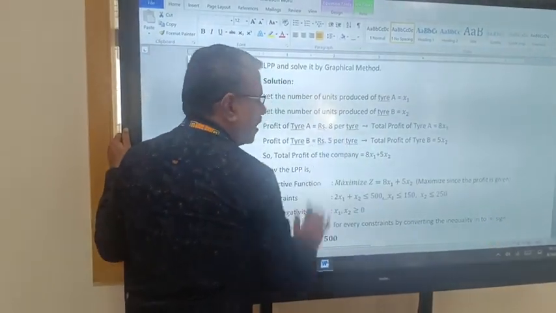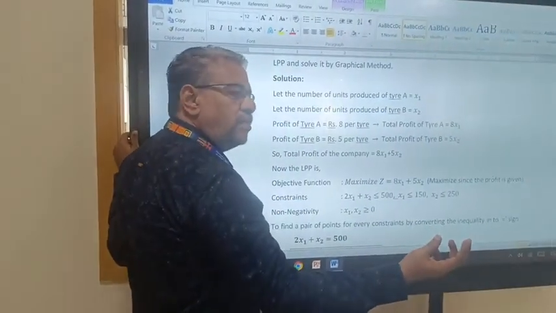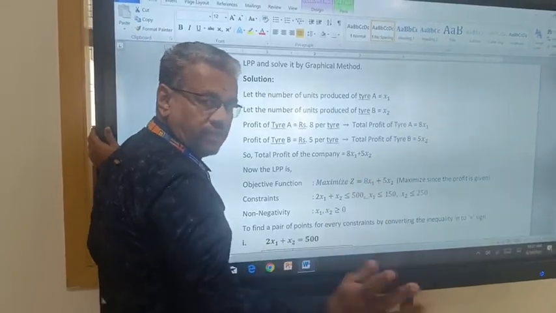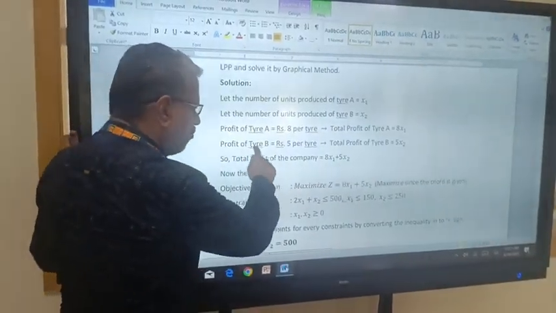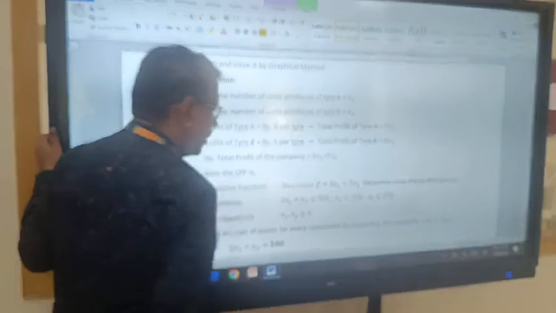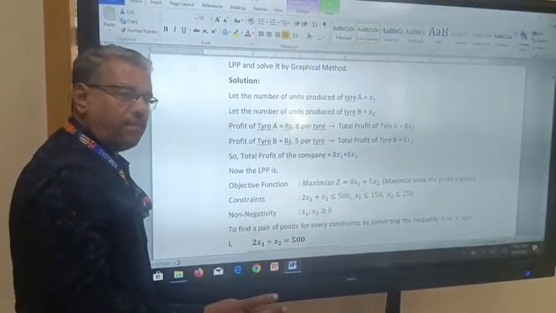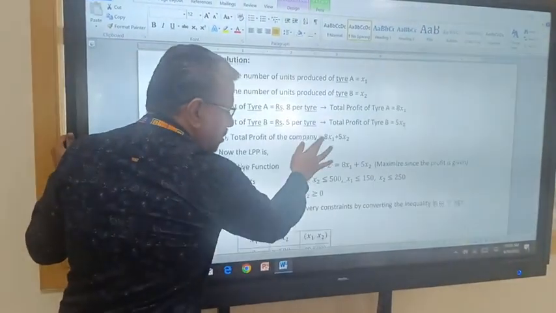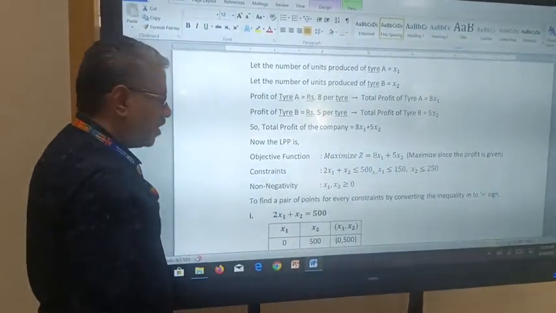The profit on tire A is 8, and the number of tires produced is x1, therefore 8 into x1. Similarly, profit of tire B equals 5 into x2. Therefore, the total profit of the company is 8x1 plus 5x2.